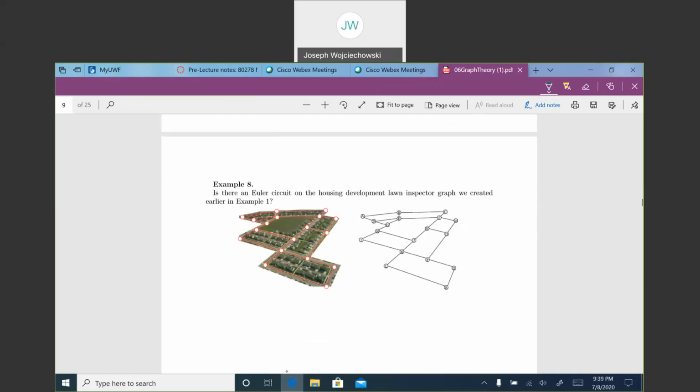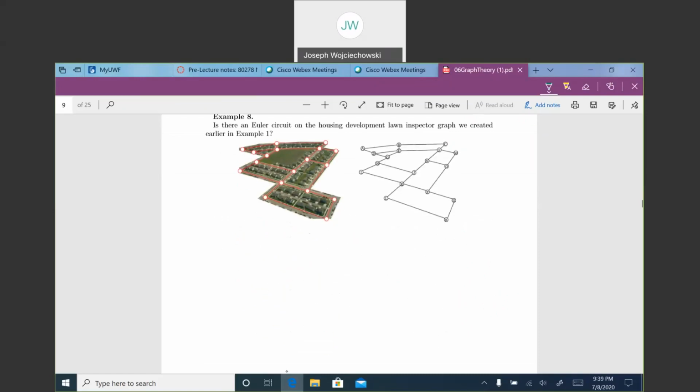So go back to our housing development. And is there an Euler circuit? So let's see, what do I have here?